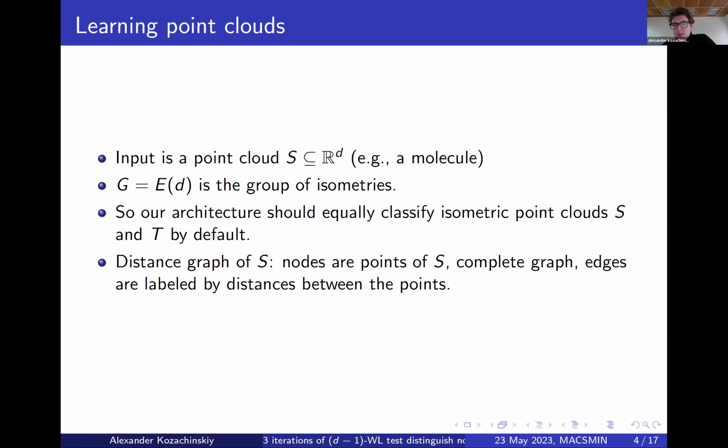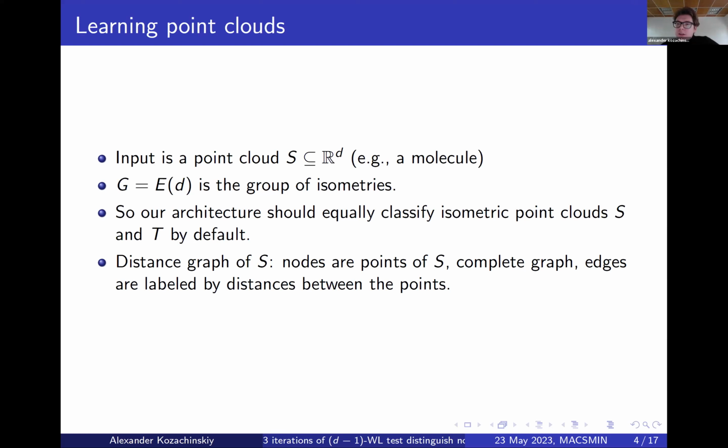And as I understand, the main application of all that is when d is 3 and we represent molecules by these finite sets of points. I guess in applications they might also have additional numbers, not just the coordinates, maybe something like charge.